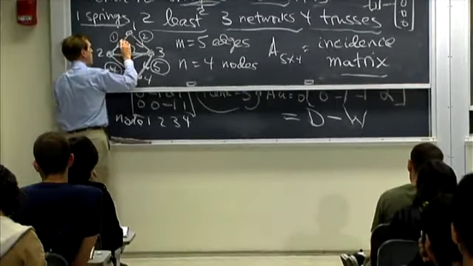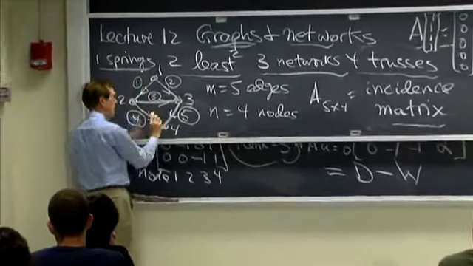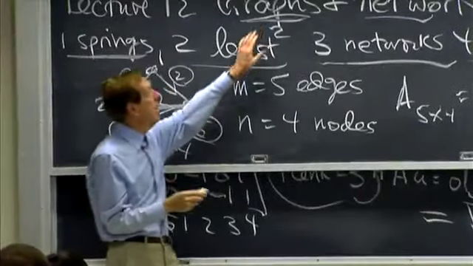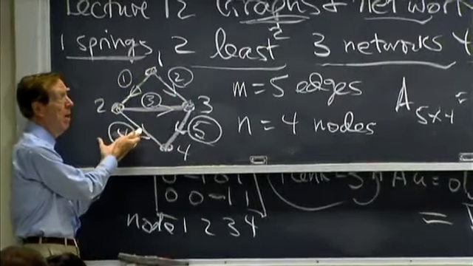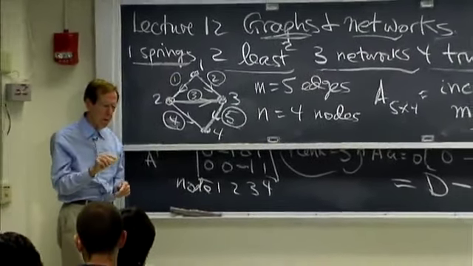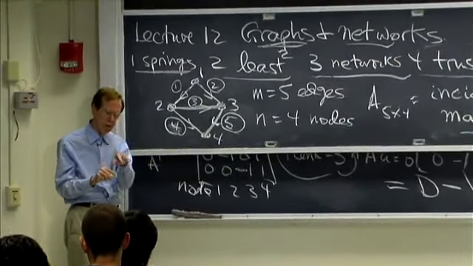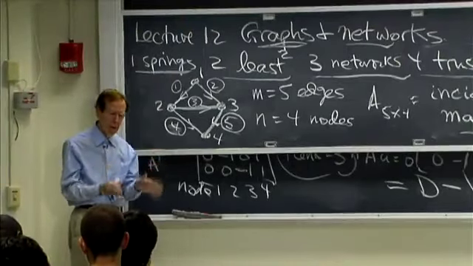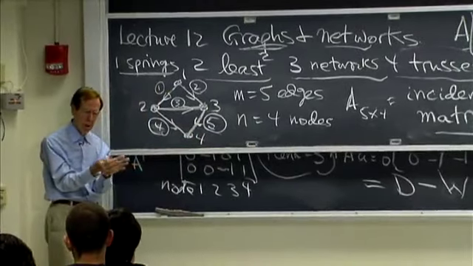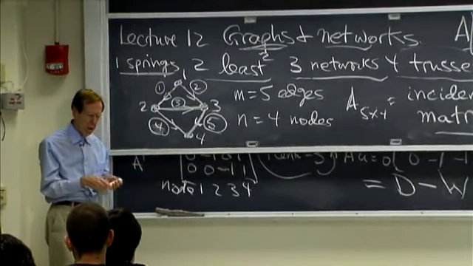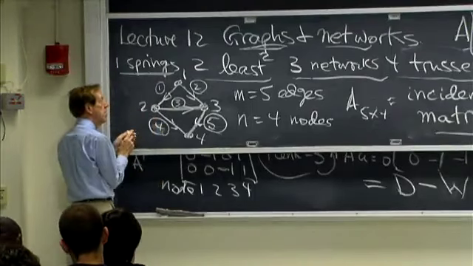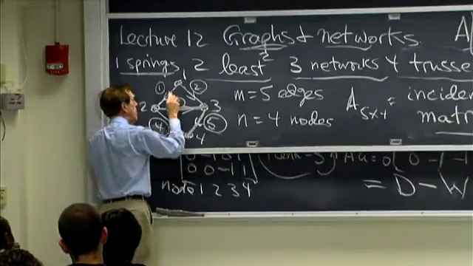I'm thinking everything's going to stay linear. So a graph I've got. Now I get a network. I use the word network when there's a C1, C2, C3, C4, C5, those extra numbers. I've got the A, and now the network comes from the C part, that diagonal matrix. And if I'm talking electricity, these could be resistors.